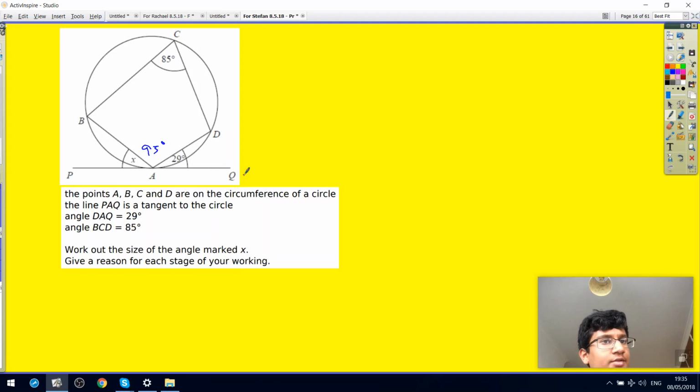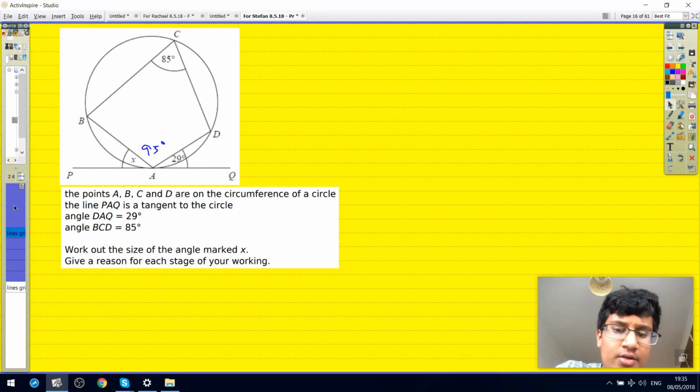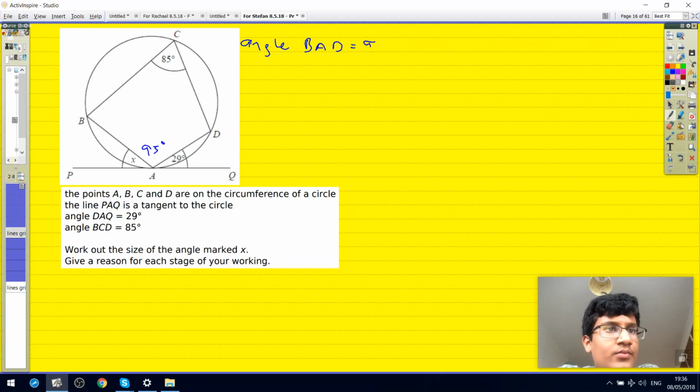So if we know that angle, we just have X to be equal to, I'll just write this down. For this one, it says give a reason for each stage of your working. So angle BAD equals 95 degrees. And what's the reason?